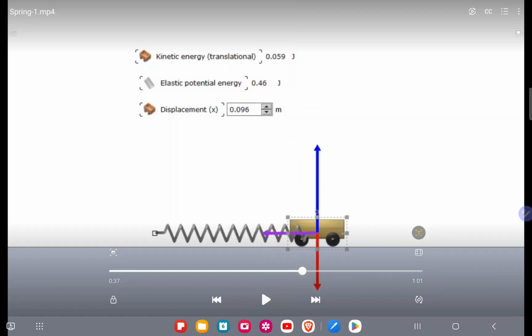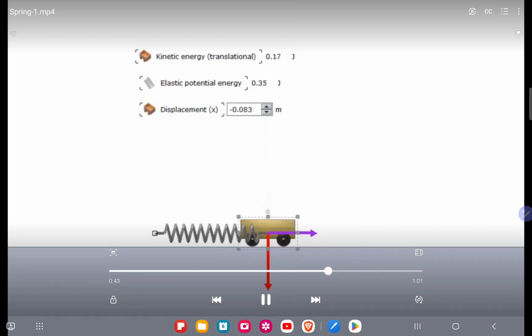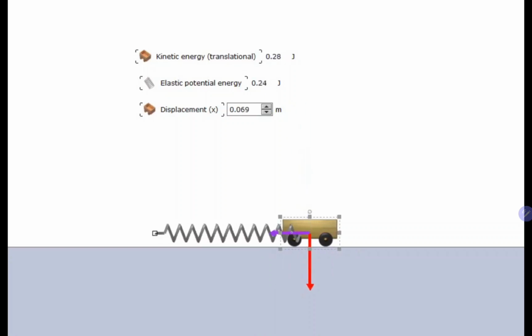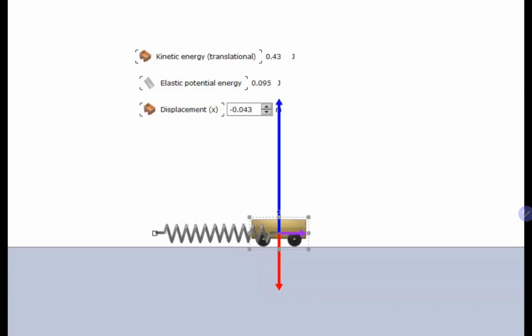Then it becomes almost zero. Then it moves a little and starts to increase until it moves around the relaxation position. Then the kinetic energy starts to decrease until it reaches maximum compression, and so on.